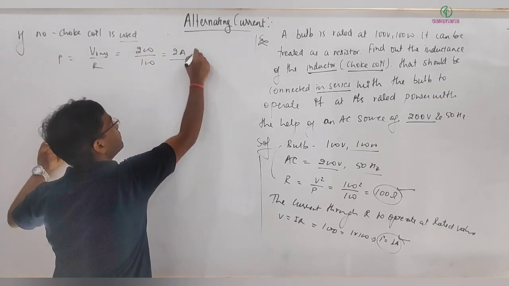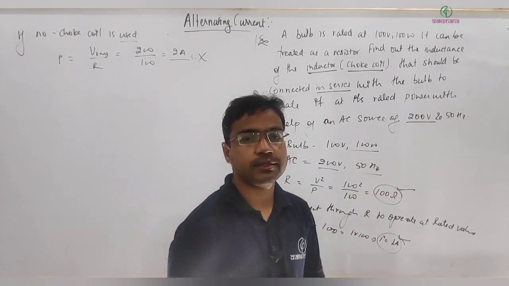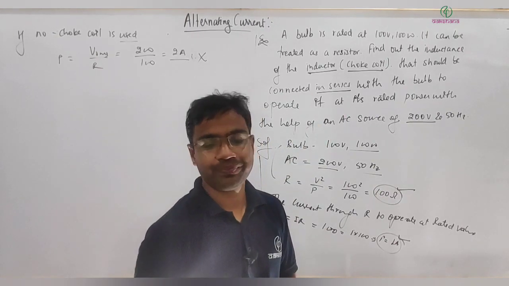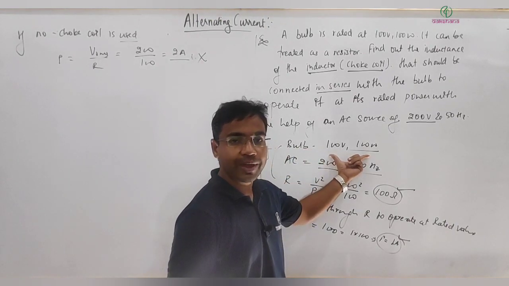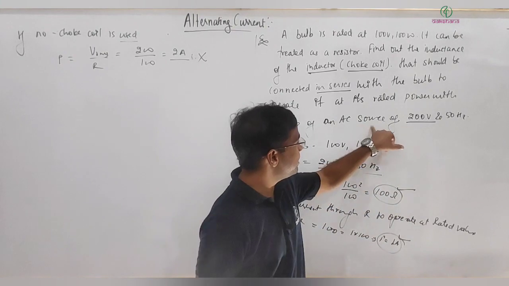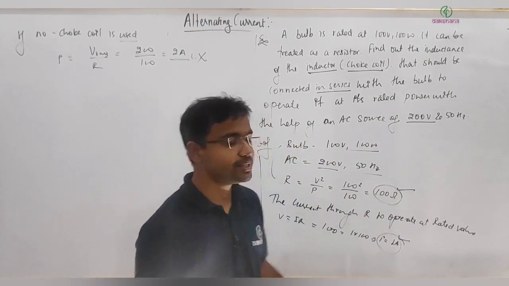So that's a problem, because 2 ampere cannot operate it at this requirement. Clear? Then we need one choke coil. So to operate it at these rated values, the current through this should be 1. V RMS is already given, so let's calculate the impedance of the total circuit.